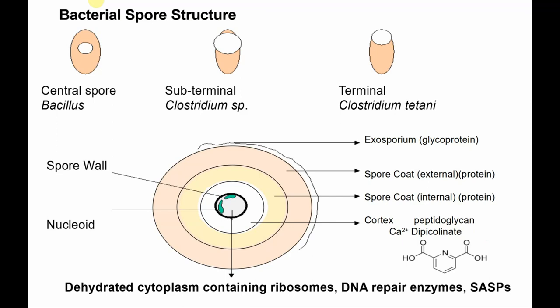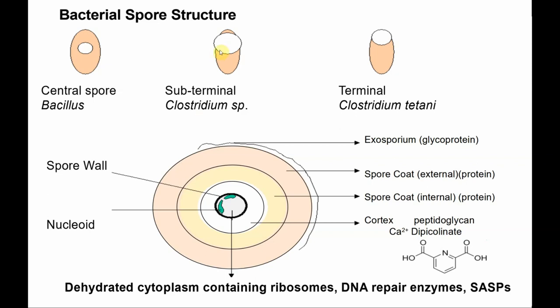And the ability to form endospores is a kind of element of identification because some families, some genera of bacteria form endospores, others don't. And the position of the endospore can also give you a bit of an idea. So Clostridium and Bacillus are two genera of gram-positive rods.